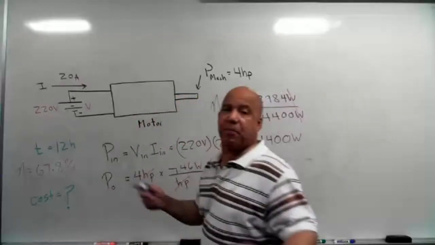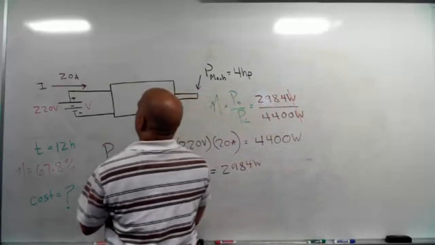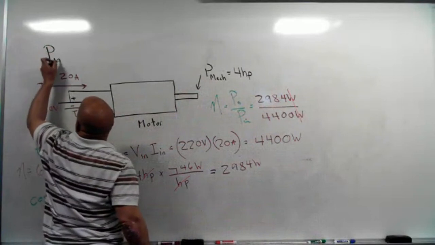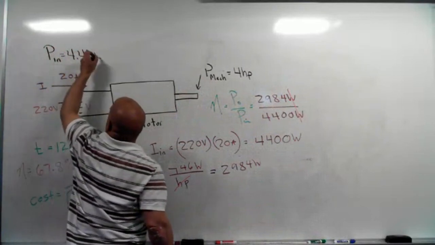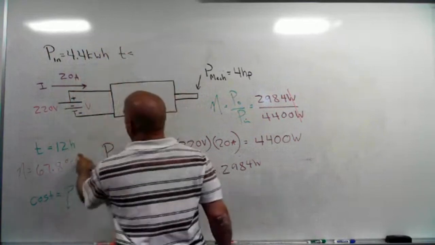The 4400. You always use the input power. So my power is always the input power, which is 4.4 kilowatts, and the time is going to be 12 hours.